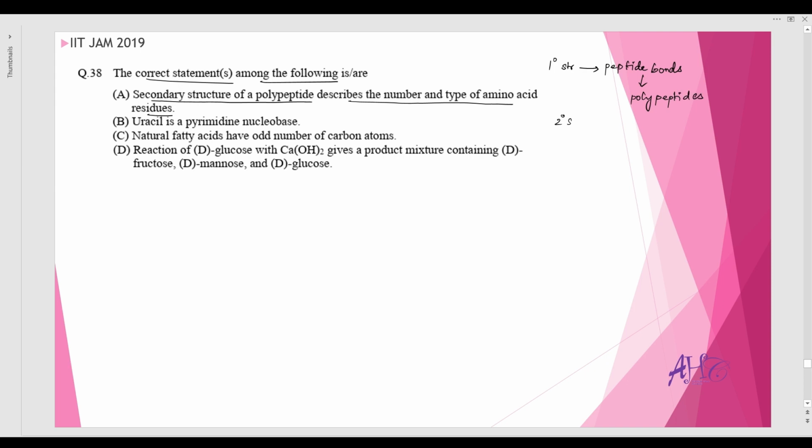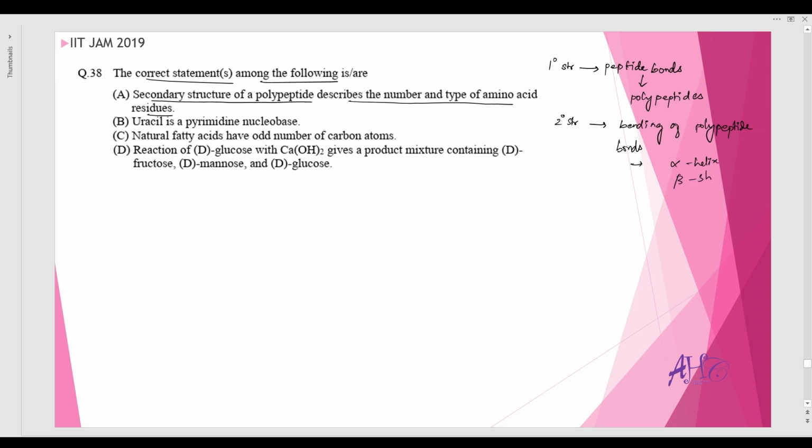But what is a secondary structure? Your polypeptides will bend. This is going to be the bending of polypeptide bonds. When polypeptide bonds bend, this will form your alpha helix structure and beta sheet structure.